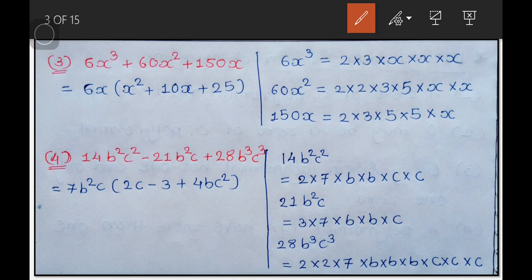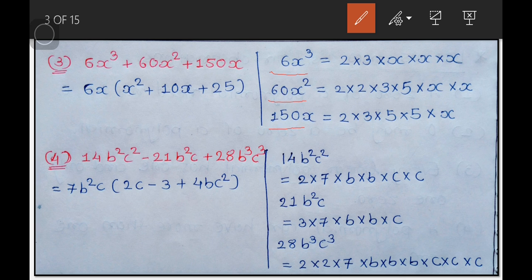For the first term, 6x cube, we can write 2 into 3 into x into x into x. For 60x square we factor it as 2 into 2 into 3 into 5 into x into x. And for 150x we can write it as 2 into 3 into 5 into 5 into x.